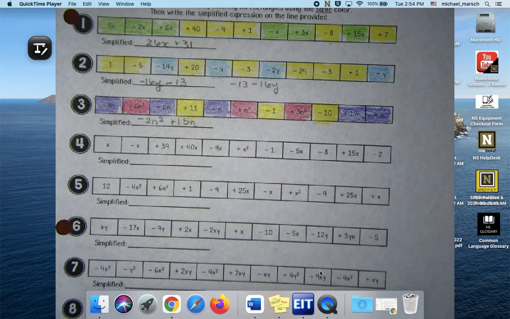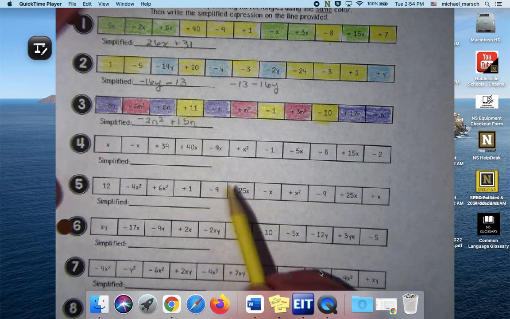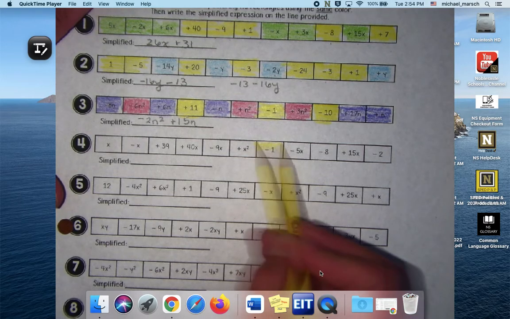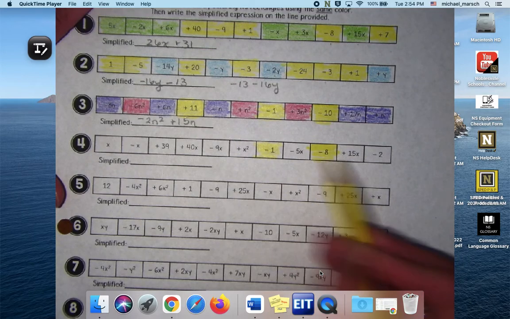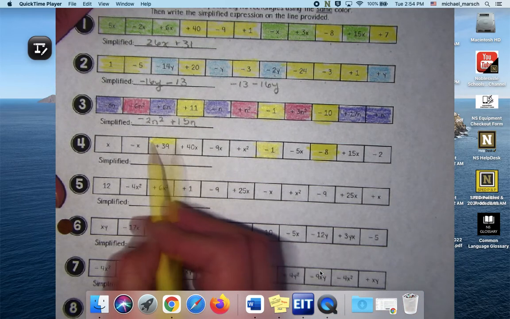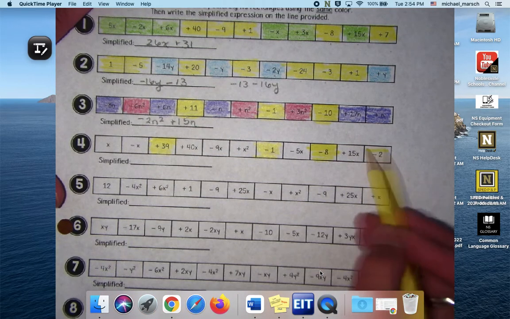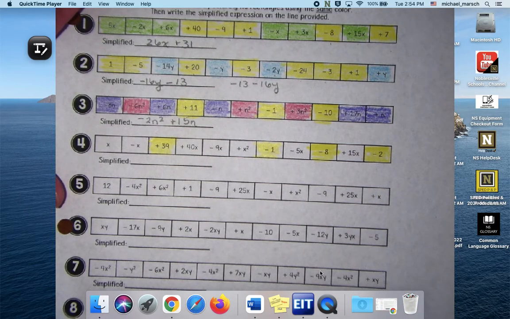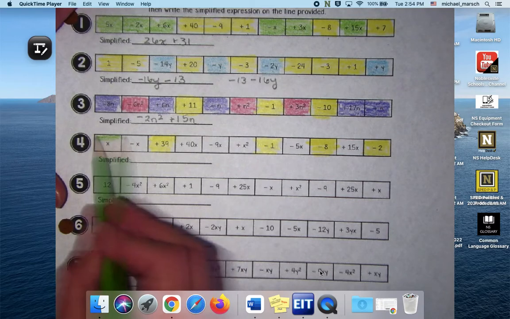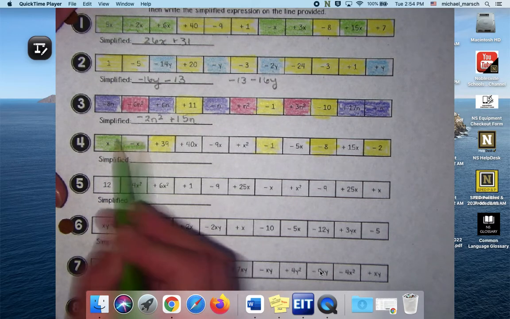All right, we've got some more x's. We've got an x squared. So let's do constants will still be yellow. We did x's as light green before, so we'll stick with that.